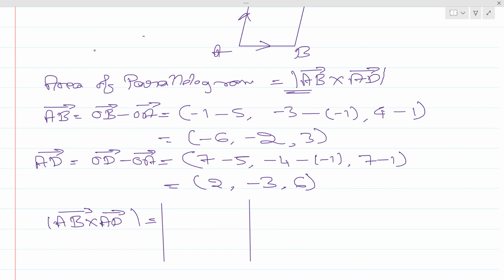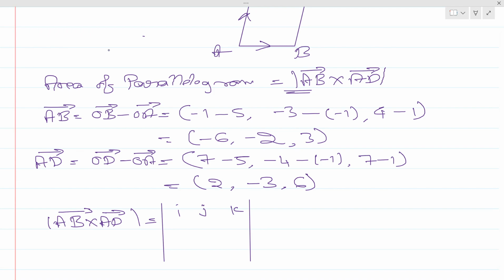The first row, I have to consider the i, j, k coefficients.